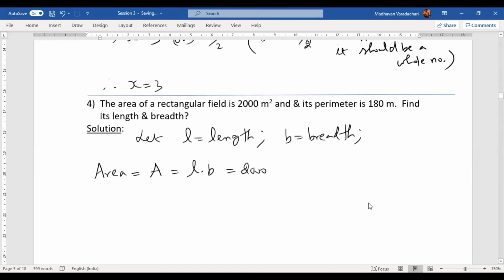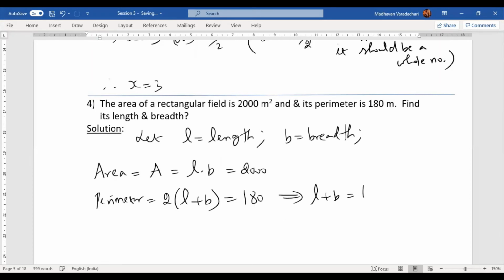Perimeter of a rectangle is 2 times (L plus B), that is given as 180, which means I can bring this 2 to the right side. It will go to the denominator, which means L plus B will be 180 by 2, which will give you 90.